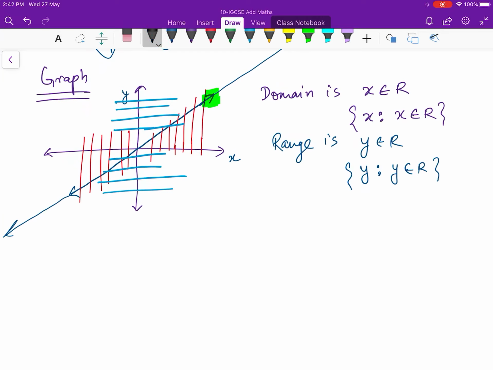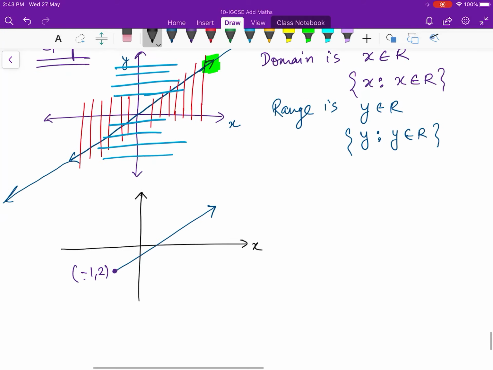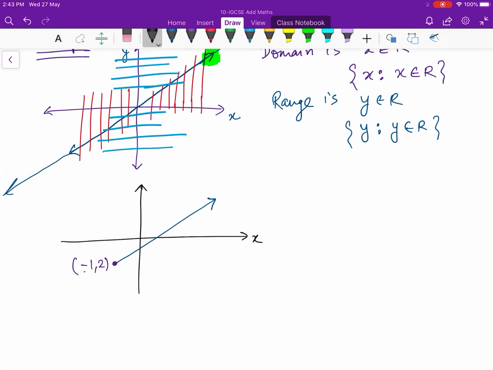Now I'll draw another graph, and this graph is given like this, with -1 and 2 marked, and this is solid. Now if I have to check the domain and range of this graph, I'll draw vertical and horizontal lines.